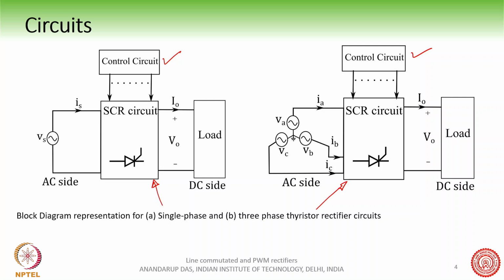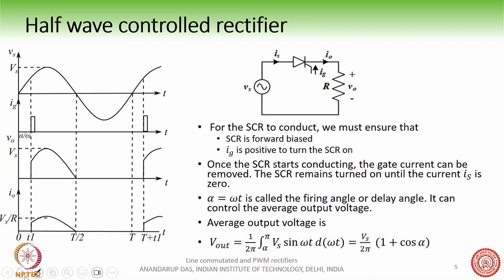So we can get an output voltage which is variable, so we can control the output voltage. More specifically, we control the average DC output voltage. This is what is controllable from a thyristor rectifier. And how do we do it? We will see that here.